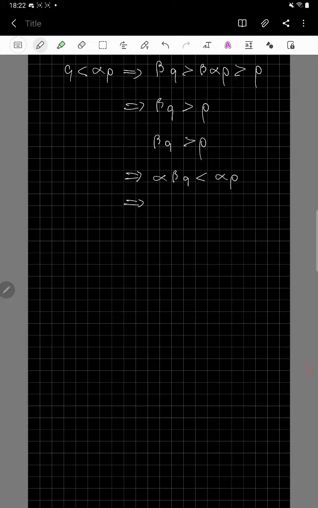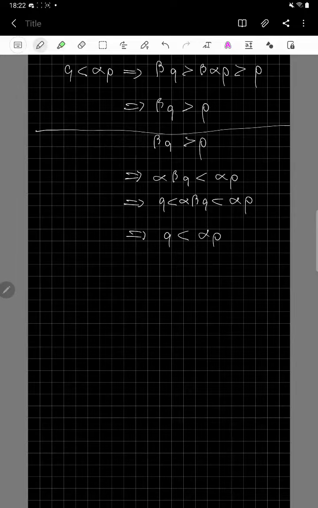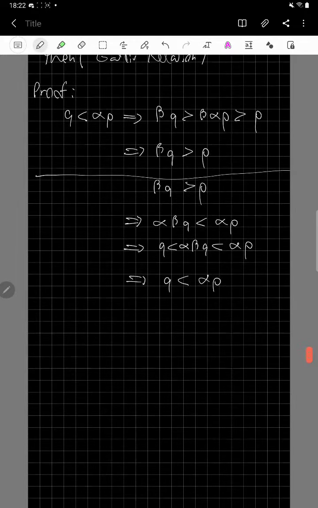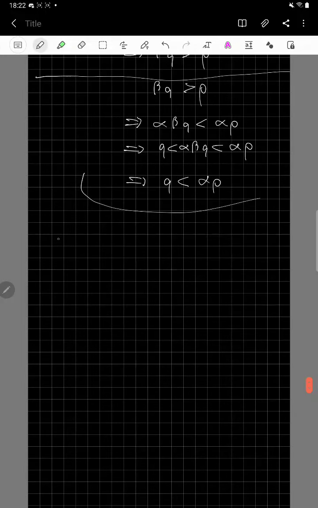And this implies alpha beta Q is smaller than alpha P, and we see a Q here, alpha beta, which we always know that we can reduce. So Q is smaller than alpha beta Q, smaller than alpha P. Okay, so Q is smaller than alpha P. That's done.